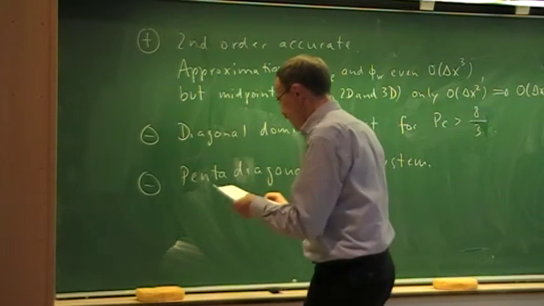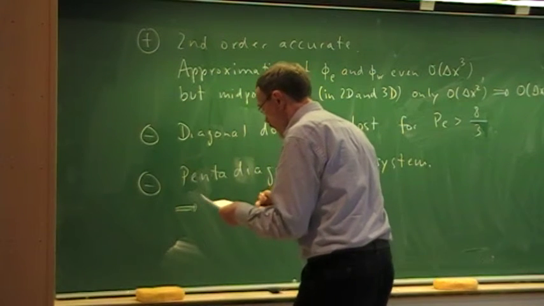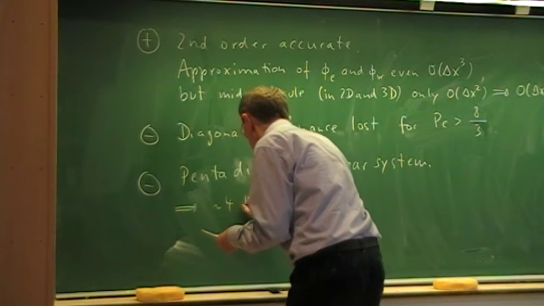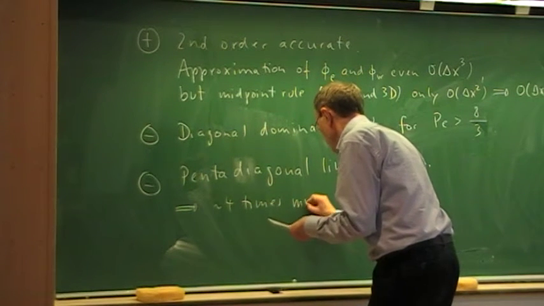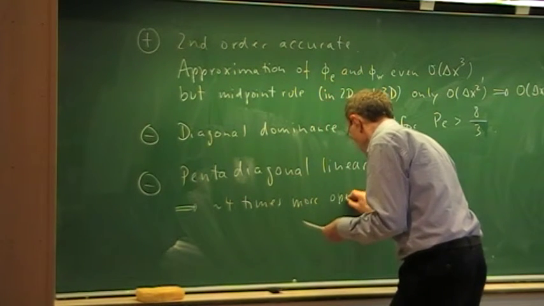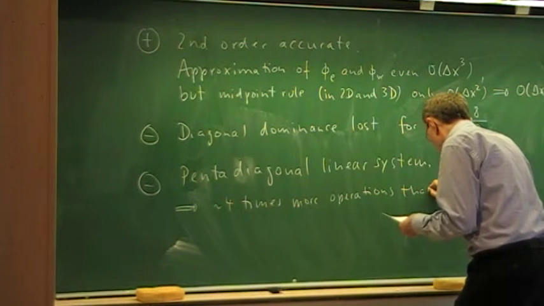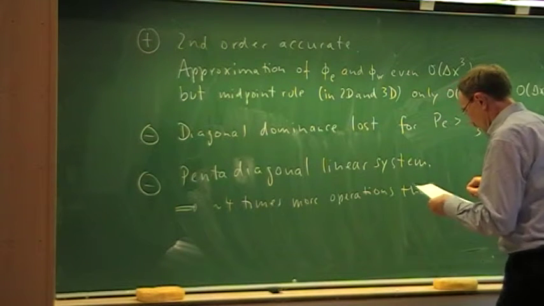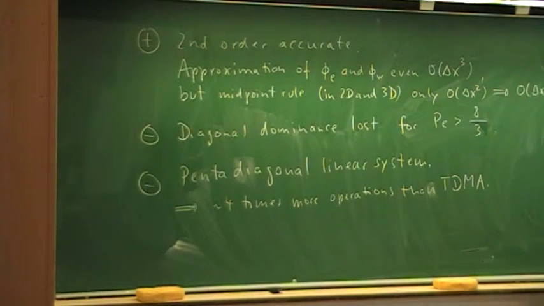The consequence is that the solution needs about 4 times more floating point operations than the TDMA. So it's 4 times as costly.